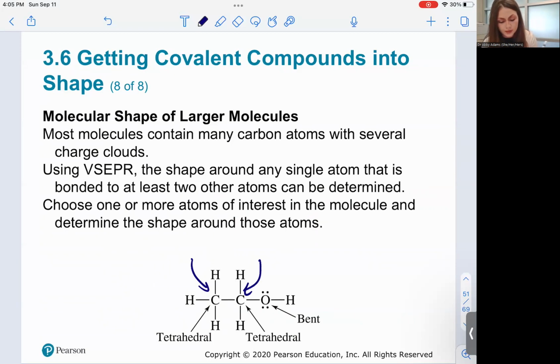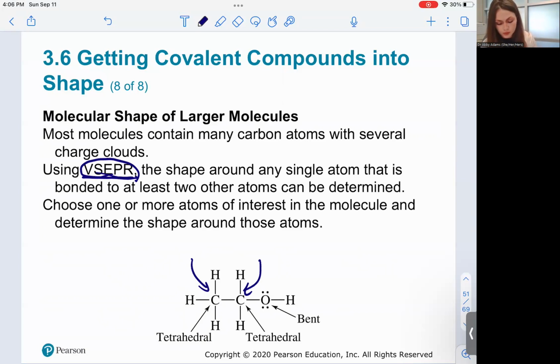So using that valence shell example that we were talking about, the shape around any single atom that is bonded to at least two other atoms can be determined. All right. So if you look at one or more of the atoms of interest in the molecule, you can determine the shape around those atoms.